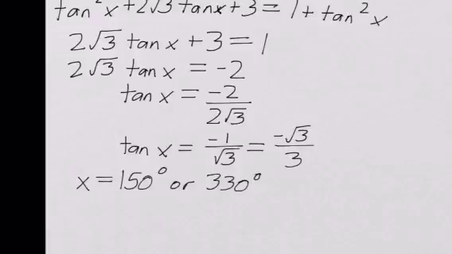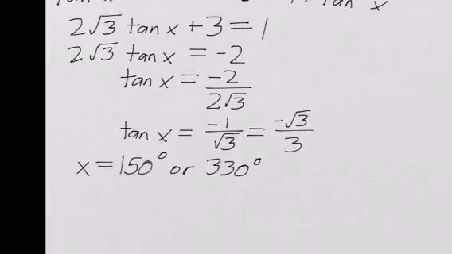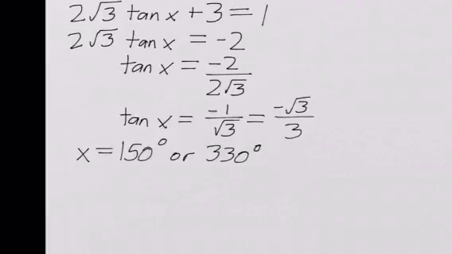But with either of those, we have to plug them into our original equation, which, just to refresh your memory as to what that was, tangent of x plus the square root of 3 is equal to the secant of x. And of course, we know that the tangent of x is negative square root of 3 over 3.